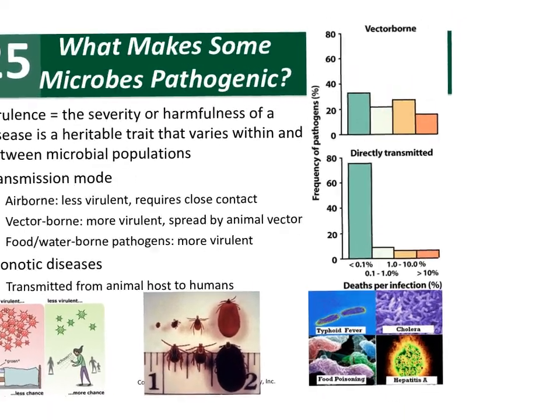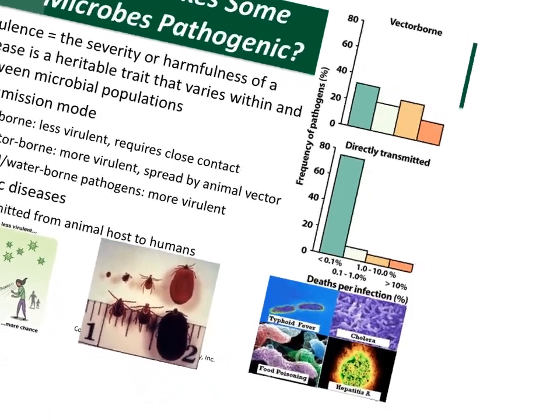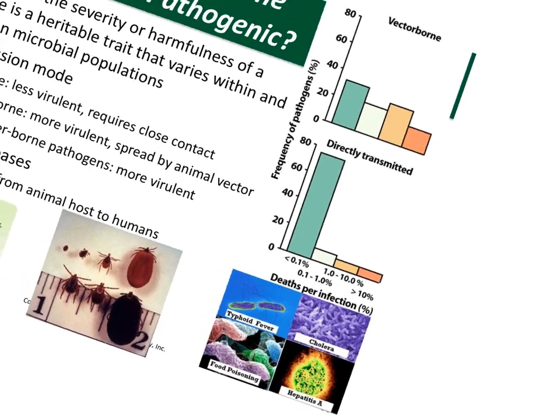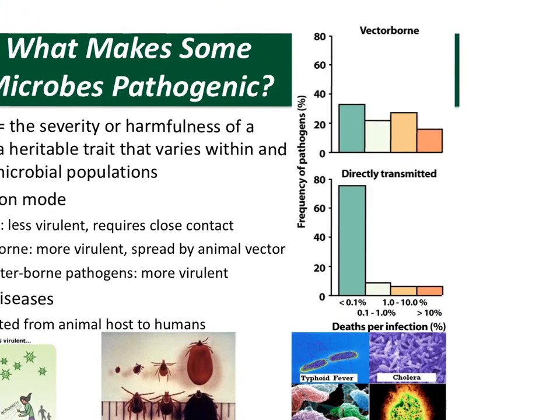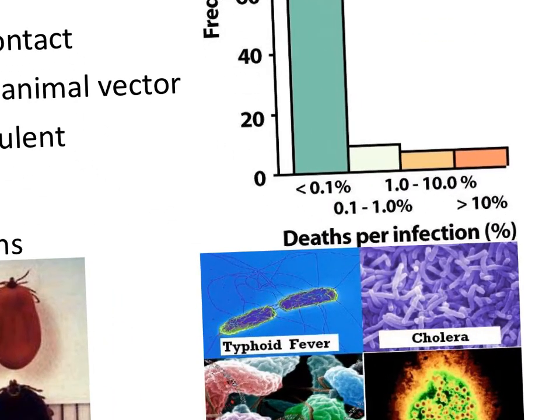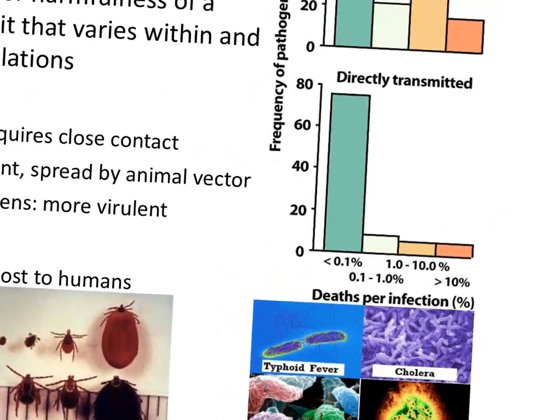Well, if you look at how virulent something is, this is the frequency of pathogens that are deadly. So deaths per infection along the x-axis. Okay, so influenza is about 0.1%. It's not very virulent. It doesn't kill very many people.